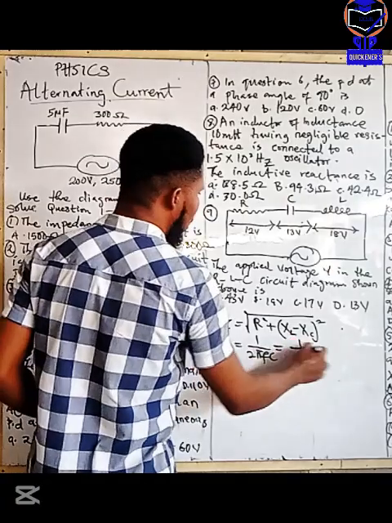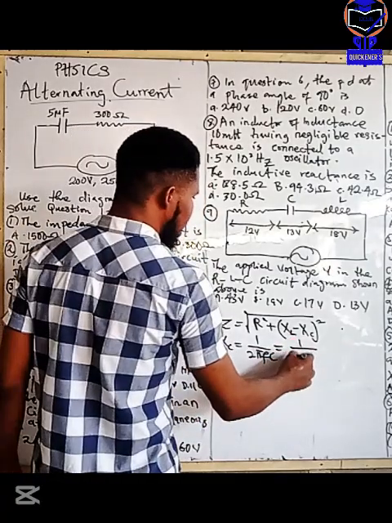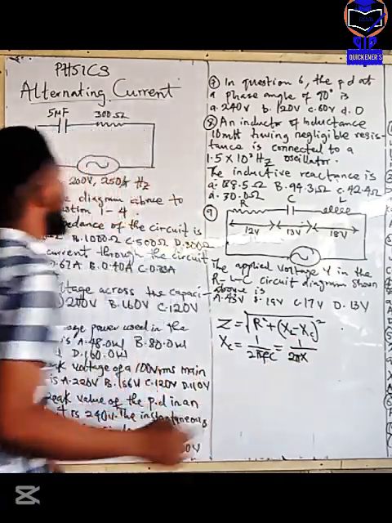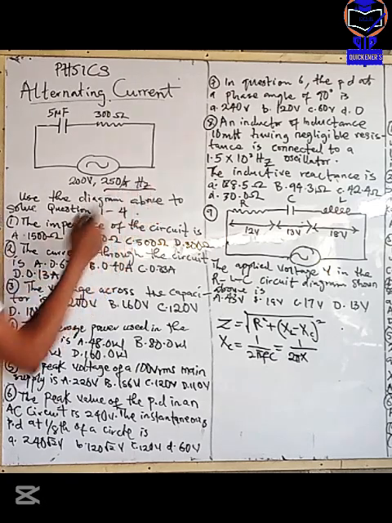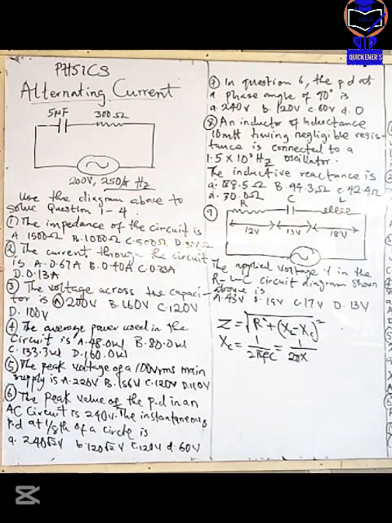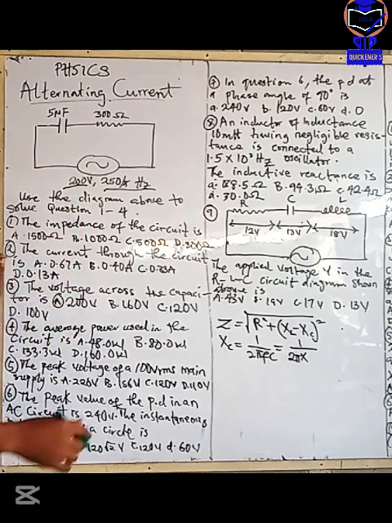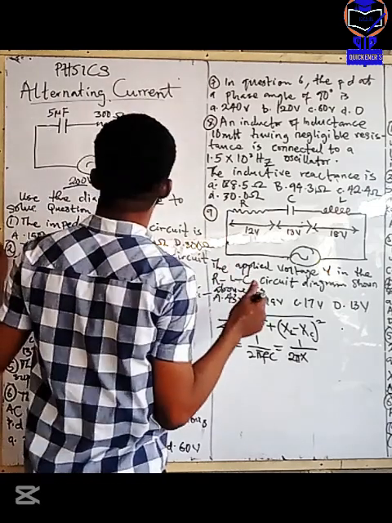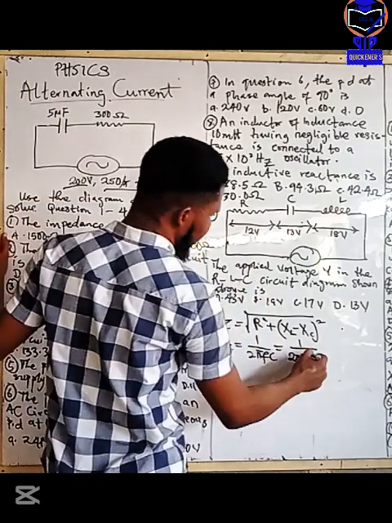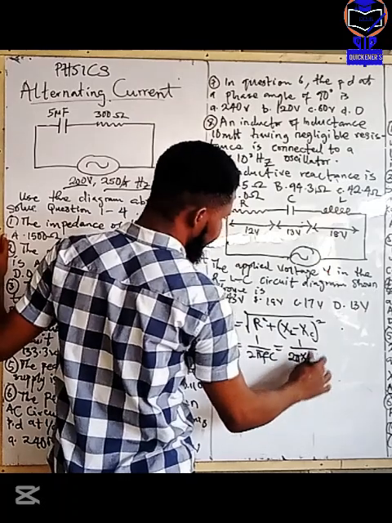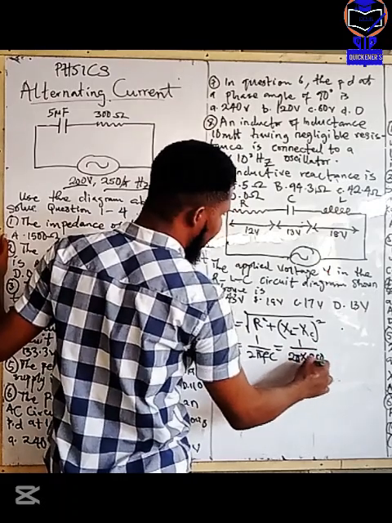So 1 over 2 pi times F. Now the F is what we were given here. This is the frequency of the oscillation in this AC circuit, and this is the voltage. So the frequency is 250 over pi.